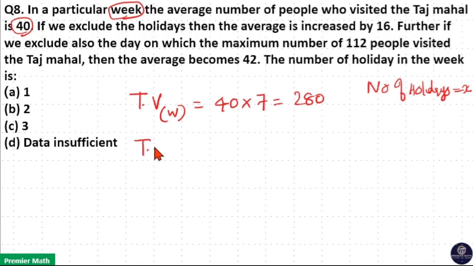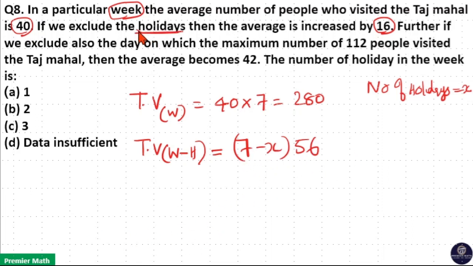Now, days excluding the holidays is 7 minus x. And average is 40 plus 16 because average is increased by 16. So, 56. That is average into total number of days.